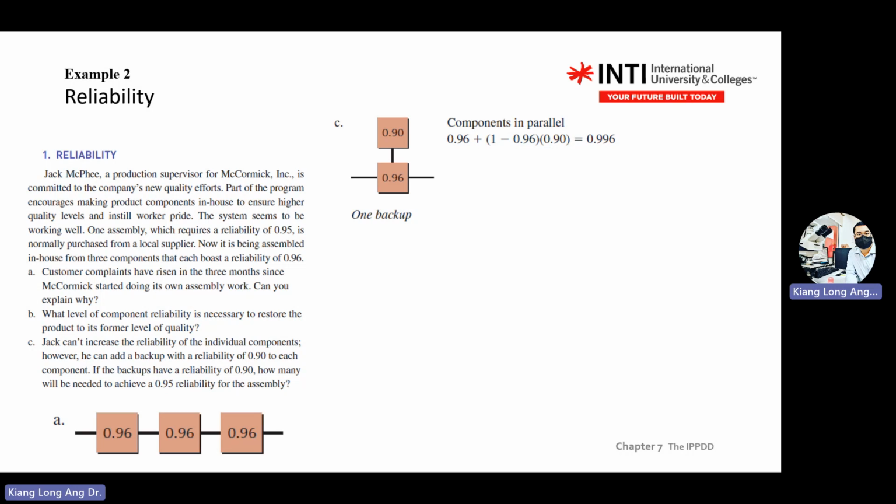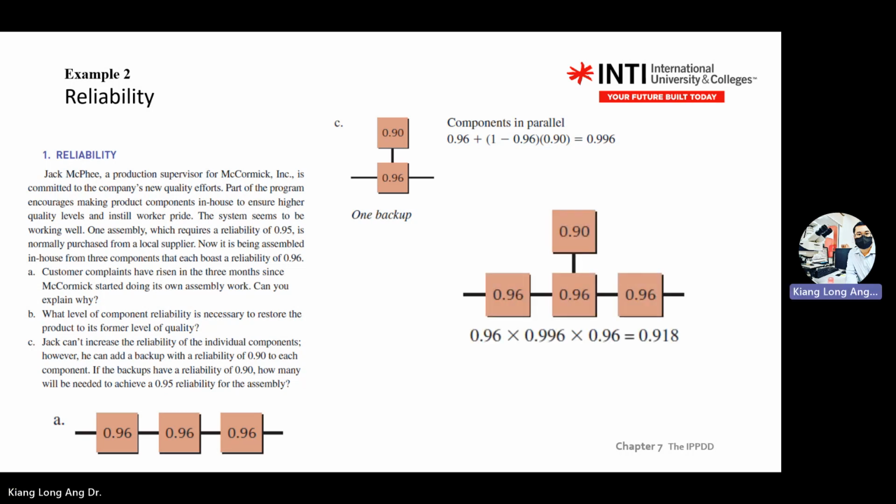So it means you combine this one, you get 1 component that is 0.996. Then you do the calculation, you put this inside here, 1 backup system. This one is 0.996, the other is 0.96.